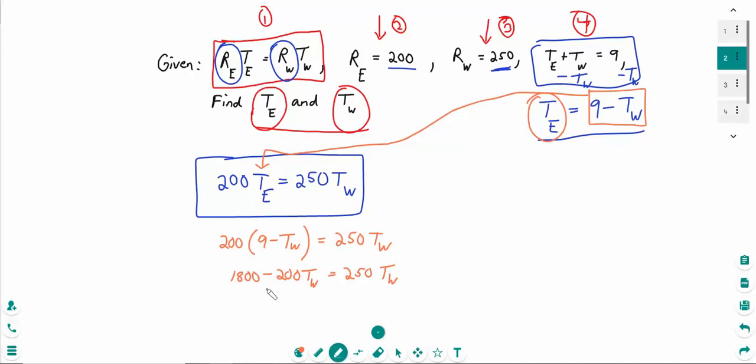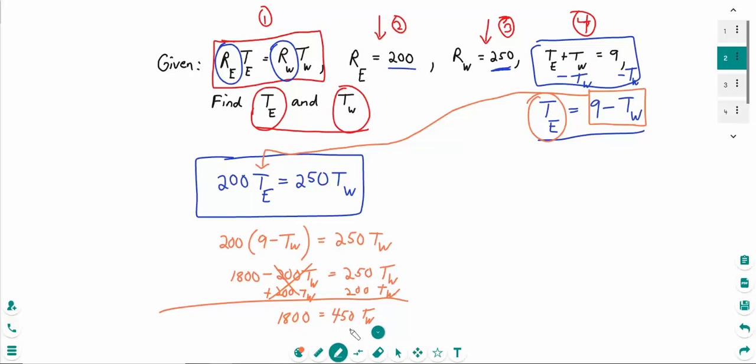All right, now if I add the t sub w to both sides, kind of get all of our t sub w's on one side, this will cross out, we end up with 1800 is equal to 250 plus 200 is 450 t sub w.